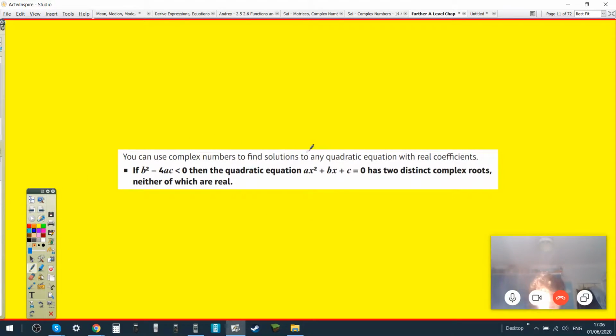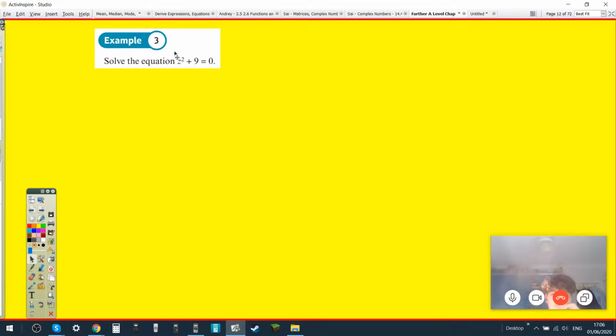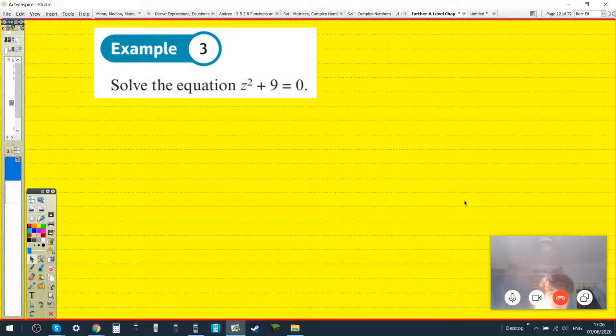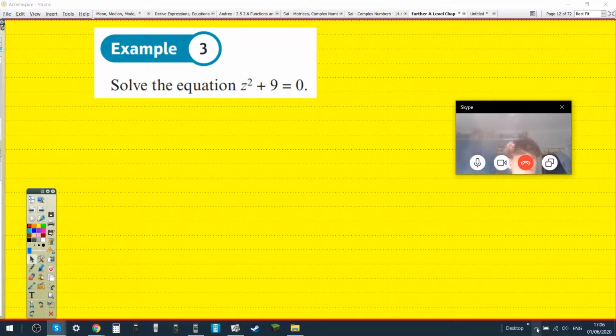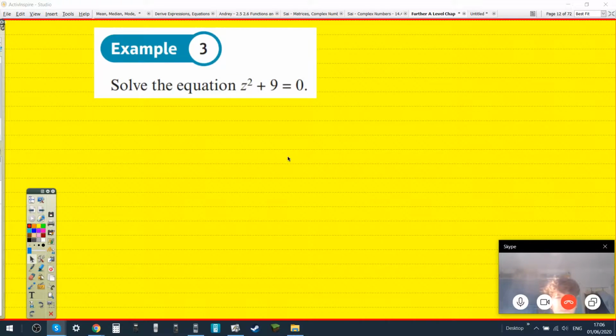Okay, you can use complex numbers to find solutions for quadratics if b squared minus 4ac is less than 0. You have two distinct complex roots, neither of which are real. Okay, how do we solve this? Z squared plus 9. So usually we would think of it as maybe 3 and 3.